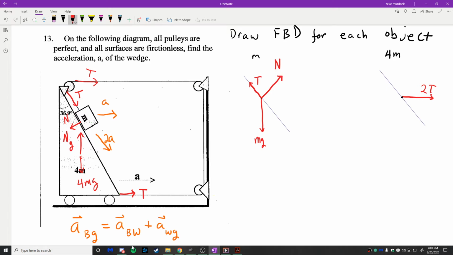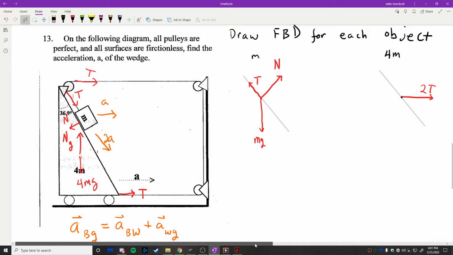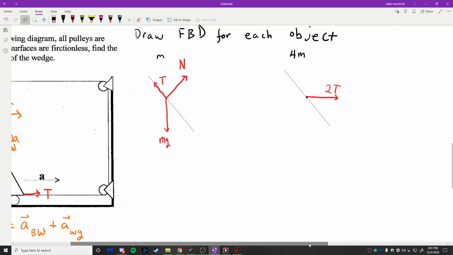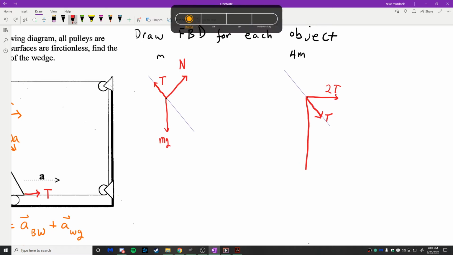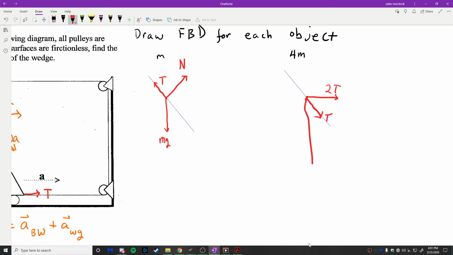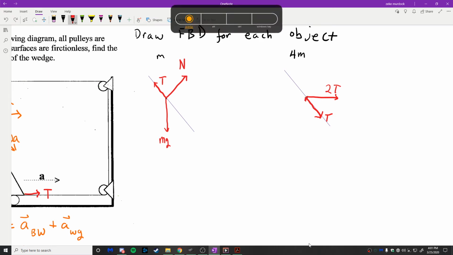So ultimately what we end up with is a tension force. I'm going to scooch over here so I don't have to write on the edge of my tablet. You're going to have a tension force that starts from here, but it's going to go down to the right. That's going to be T. You're going to have the weight of the object, which is going to be 4mg. Let's undo that one. That one just looked really bad. I want to try to draw at least a somewhat straight line.